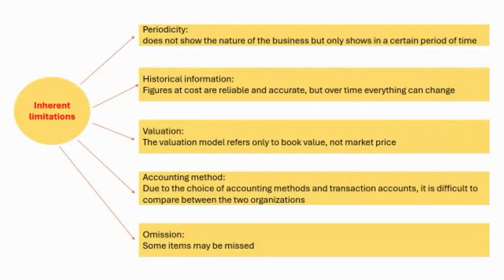About valuation, the valuation model refers only to book value, not market price. About accounting method, due to the choice of accounting methods and transaction accounts, it is difficult to compare between two organizations. And the last but not least is the omissions. Some items may be missed.